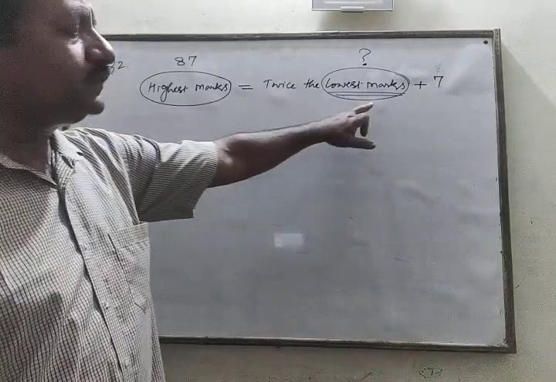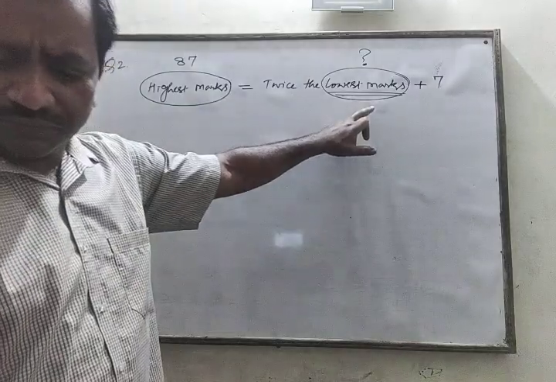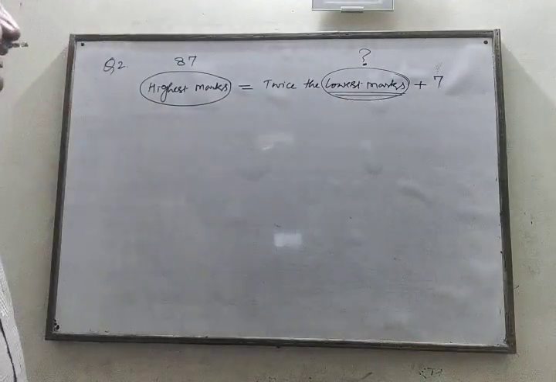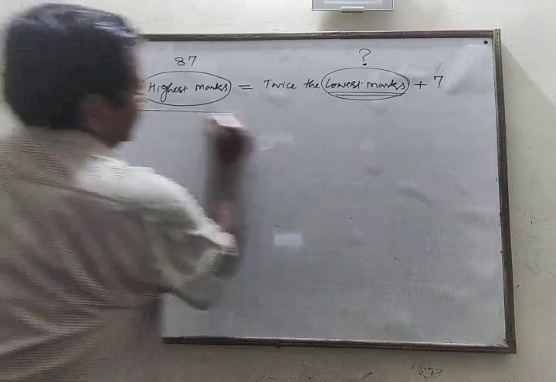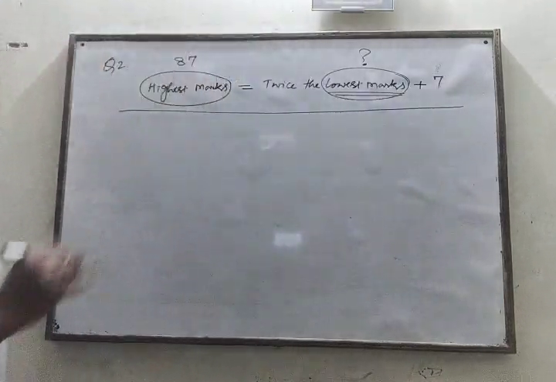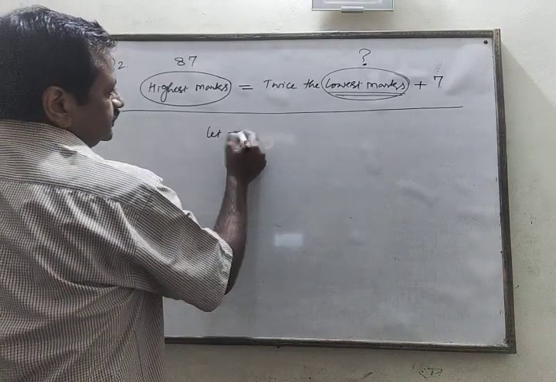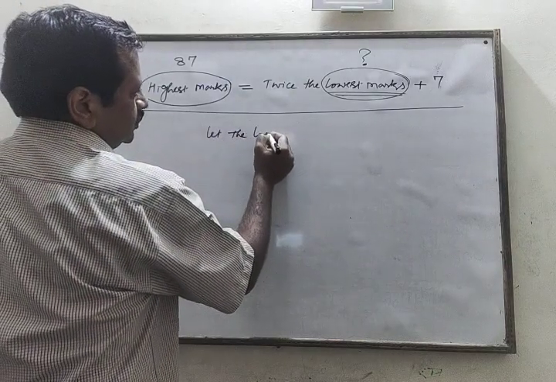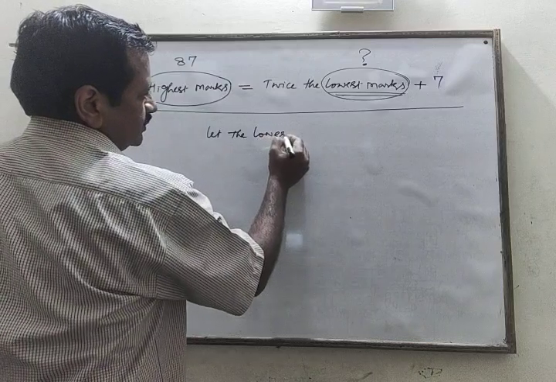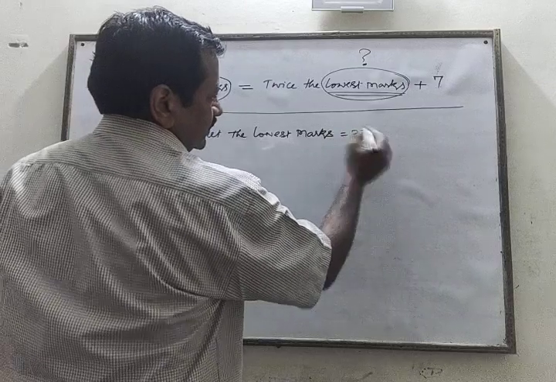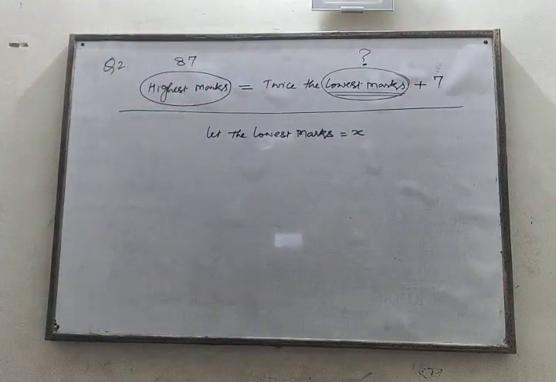So here it is written that find the lowest marks, so we will suppose the lowest marks as x. So this is understanding level. First we will understand the question. Now we will write the question. Let the lowest marks be equal to x.